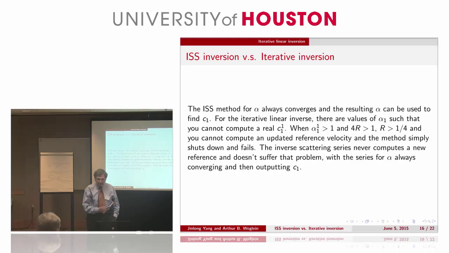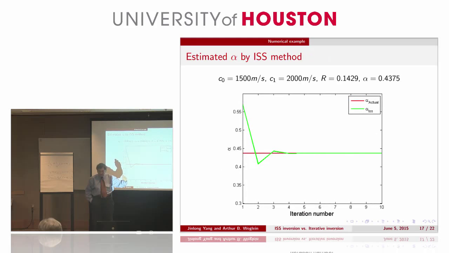The inverse scattering just gives you alpha 1, alpha 2. Just keep doing that. So here's inverse scattering, where you're plotting alpha actual. Alpha actual is a number. It's the jump. And here it's doing this, and within a few steps, it gets it for this size.